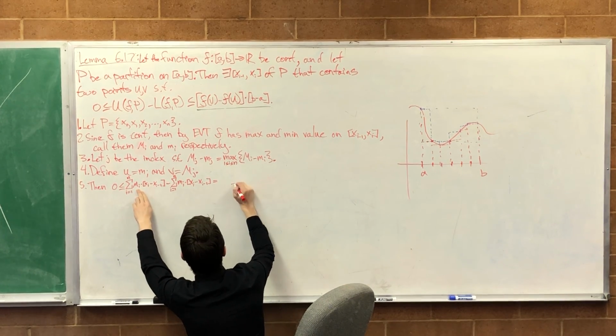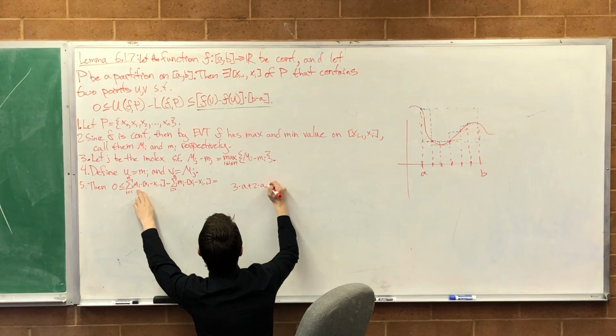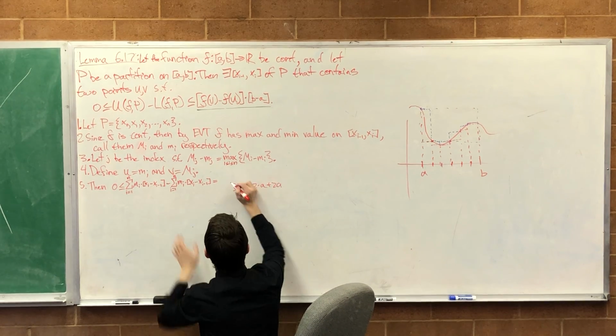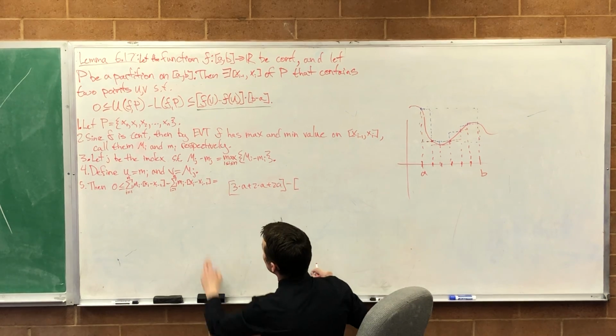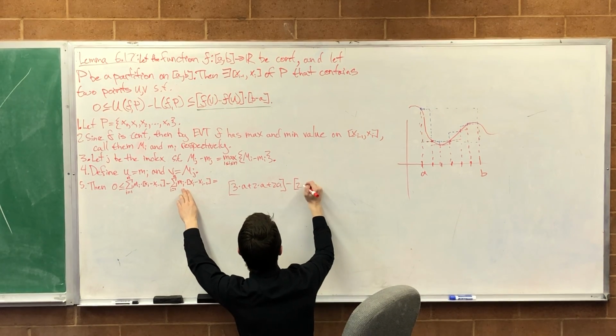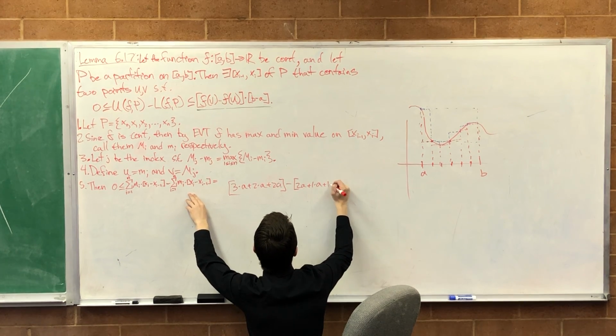So just pick some random heights. 3 times a plus 2 times a plus 2 times a. Let's pretend that that's something like what this sum looks like. And now we're going to minus from that, and we'll just say 2 times a plus 1 times a plus 1 times a.